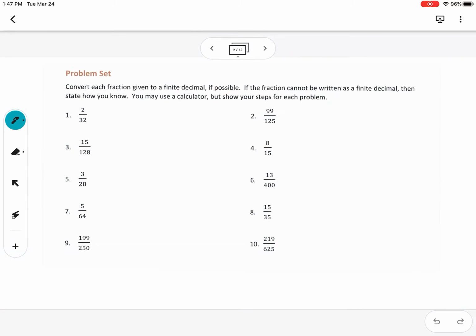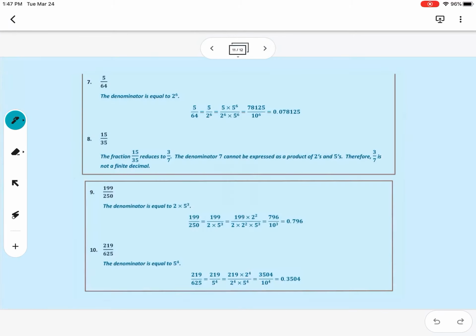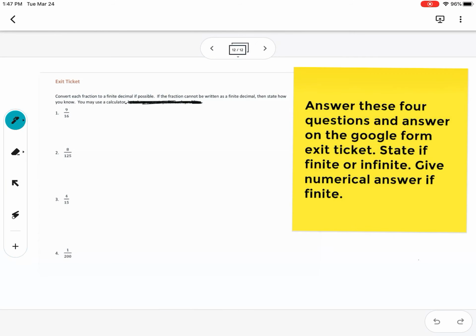What I'll ask you to do right now, do your problem set, these 10 questions. Once you've got those done, label them as either finite or infinite. Check your answers on these next 2 screens. If they're looking good and you feel comfortable, then answer these last 4 questions as your exit ticket. You'll go back to my Google Classroom, click on the exit ticket link, pop those in with your name, and you're done with today's lesson.